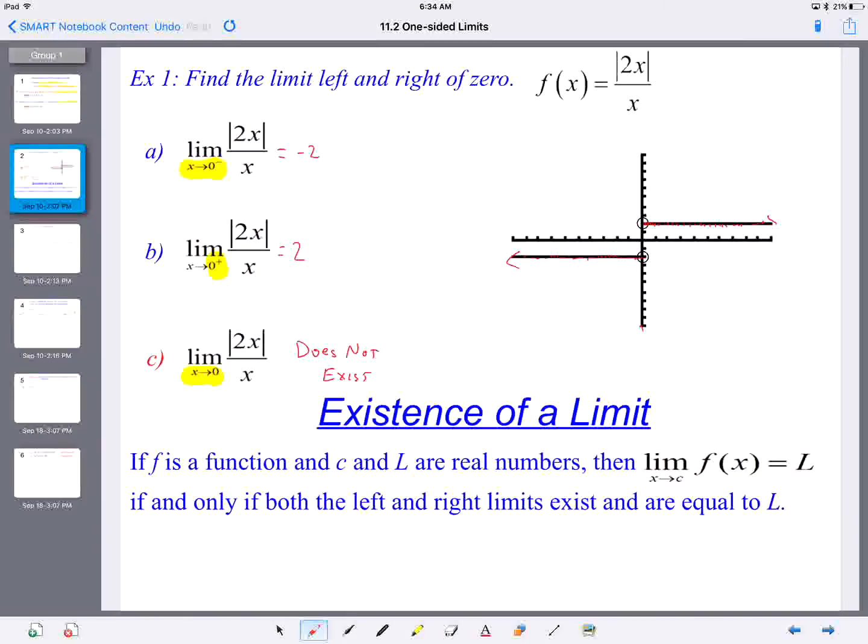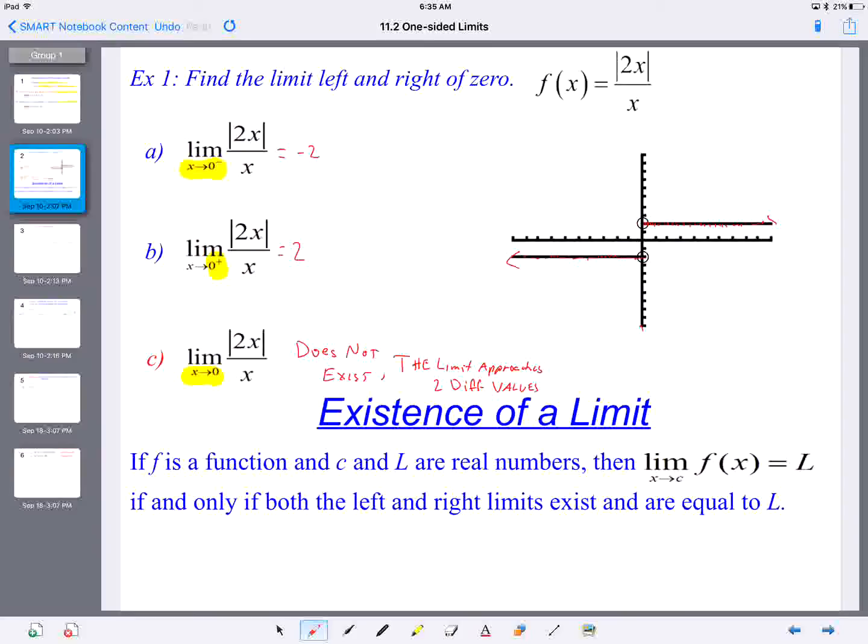Because it approaches two different values. And so you've got to explain that when the limit doesn't exist.